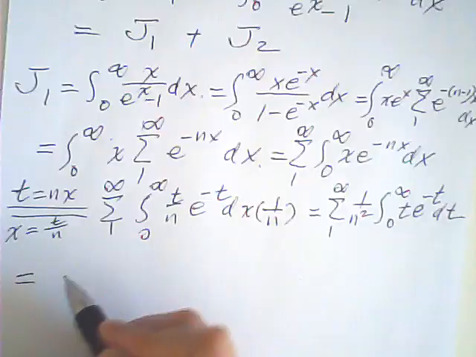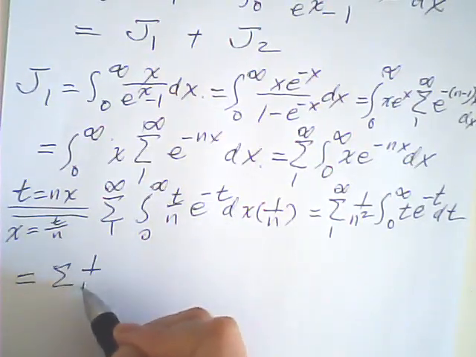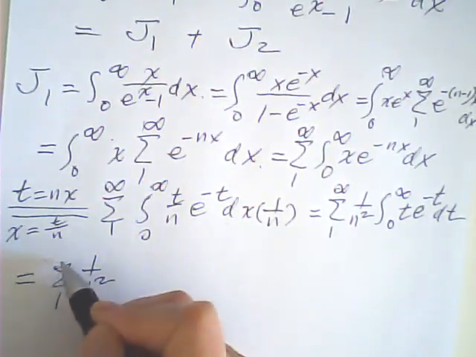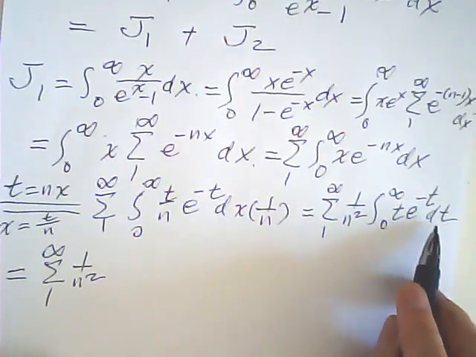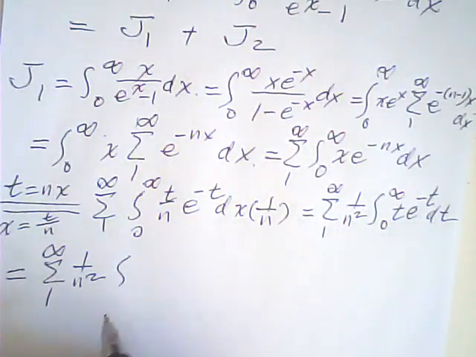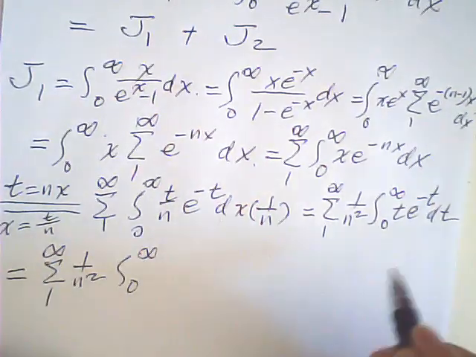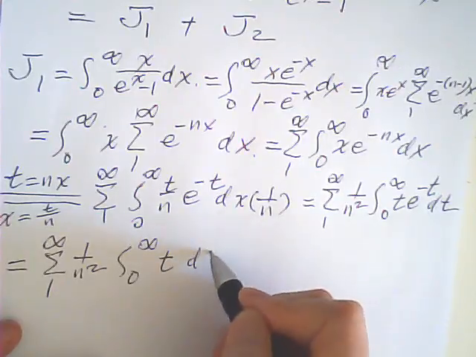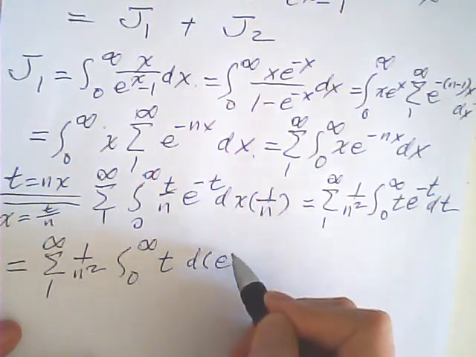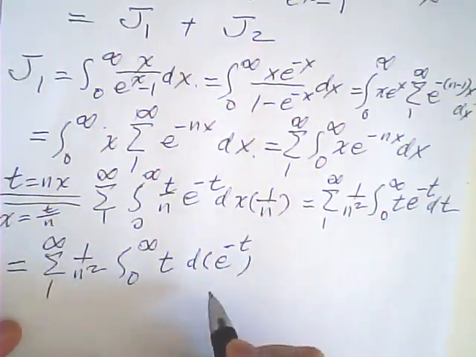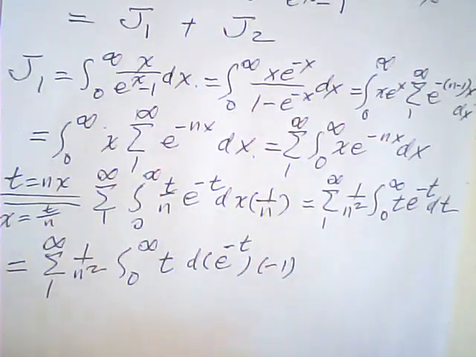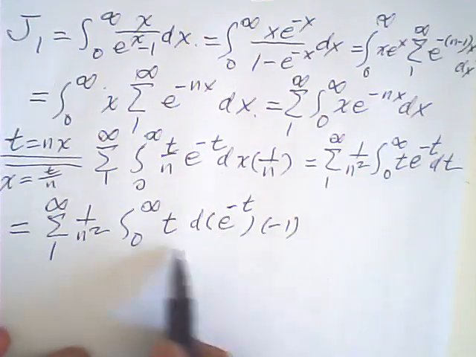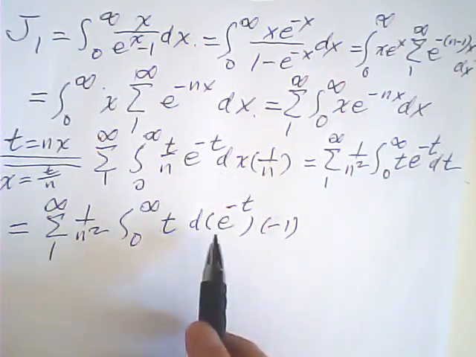So this is equal to the sum of 1 over n squared times this integral. We can write t d e to the negative t, times negative 1. Okay, good, so this is u dv.